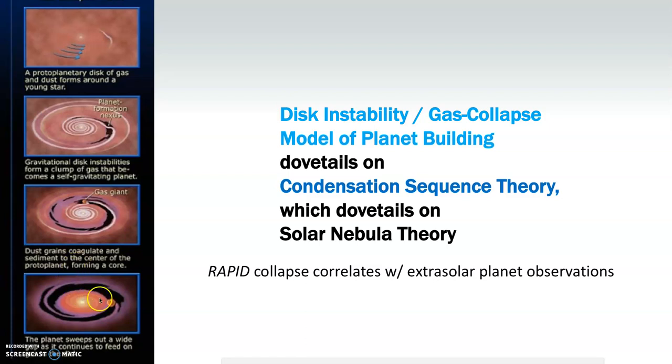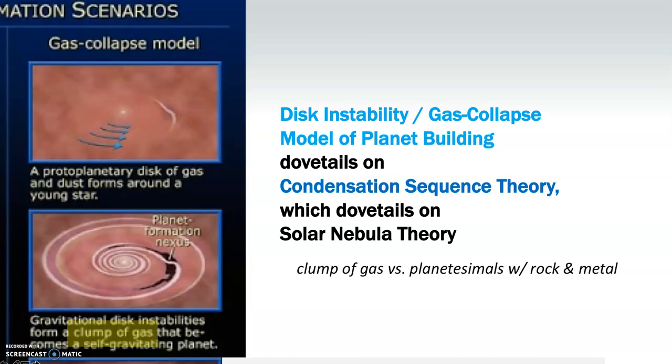And that planet could go on to sweep out areas and sweep dust toward it. Let's go into this in some detail here, about this clump of gas that's forming. Remember, we've got some condensation, right? We've got our protoplanetary disk and dust condensing there.